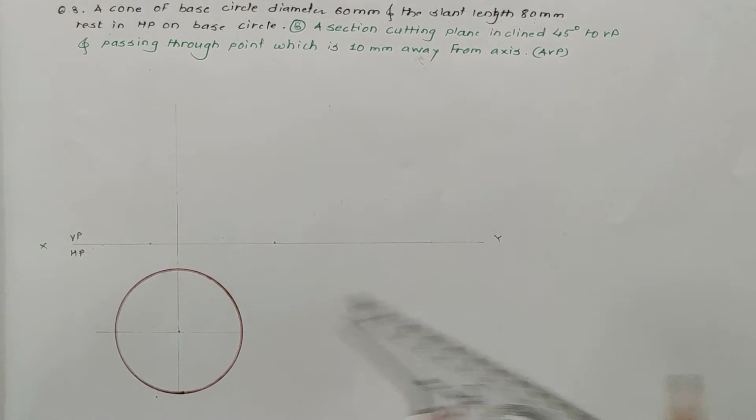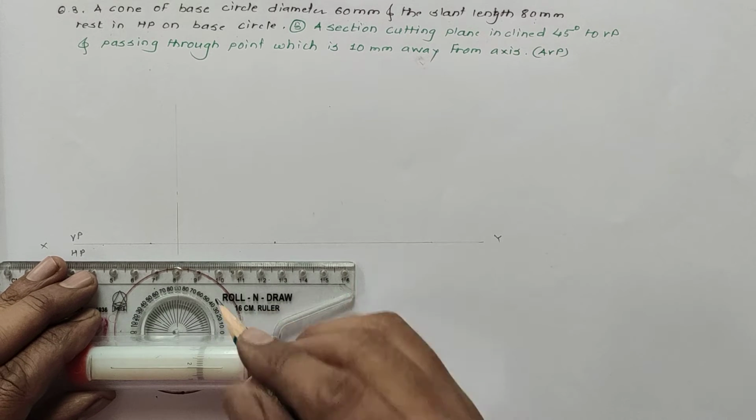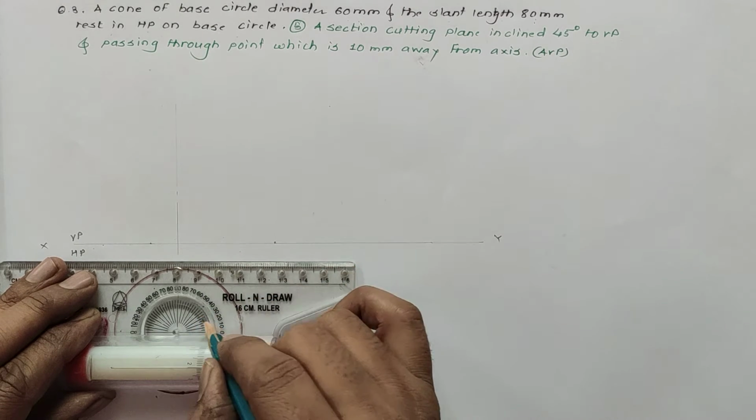Divide the circle into 8 equal parts. Mark the angle 45 degree.